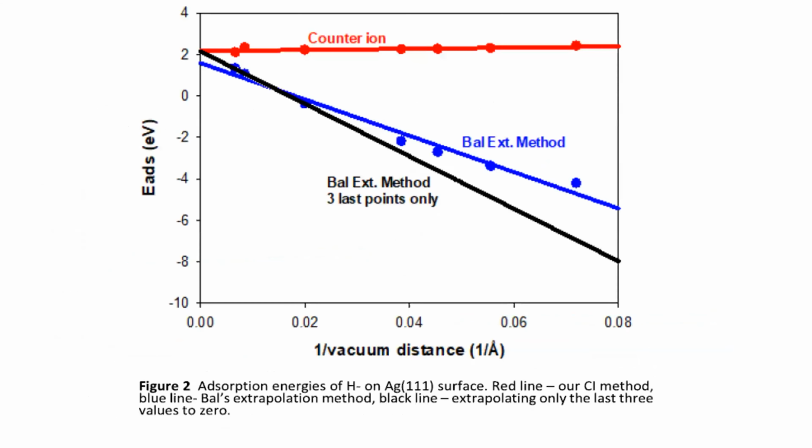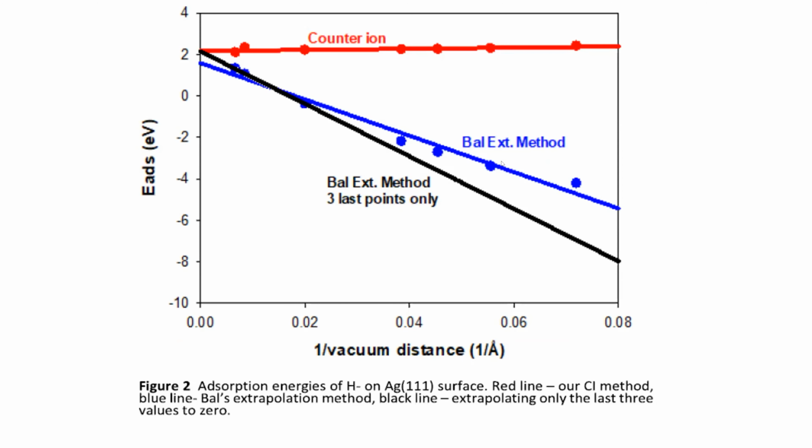We place them in a box without a metallic surface, and we vary the distance between them. And you can see that the energy is constant. It doesn't depend on the distance. And also the charge is constant. This is the charge of borohydride. It is -0.96 instead of -1. And this is very good.